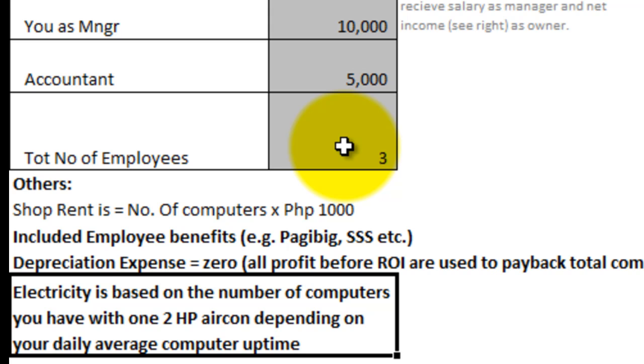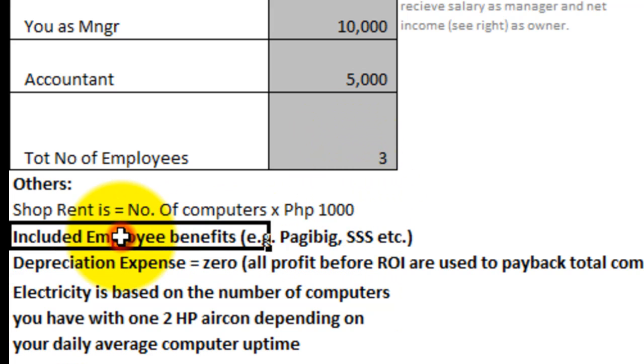So if you have 50 computers, I'm assuming that you'll be needing a 50,000 budget for your shop rent. Okay? And then also automatically in this calculator, the mandatory benefits that are being paid by the business owner to his or her employees are also taken into consideration here.